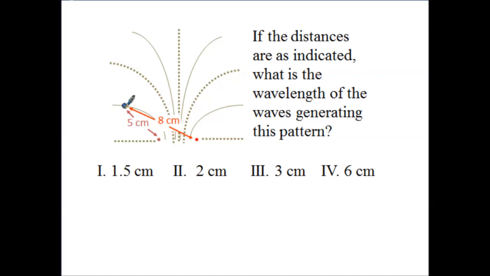So finally, what is the path difference to this point in particular, on this line? But then to also look at those two distances, and what is the difference? That's the path difference. Here the path is 8 centimeters long. Here the path is 5 centimeters long. What is that difference in centimeters? But what is that difference in wavelengths? And thus I can figure out what a wavelength is that is generating this pattern.